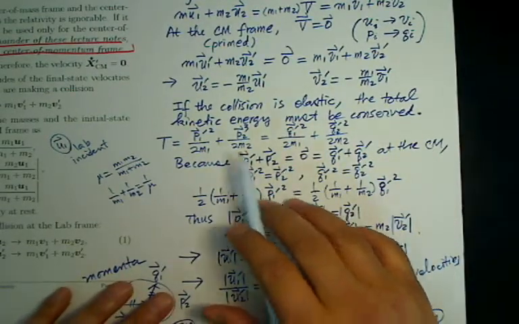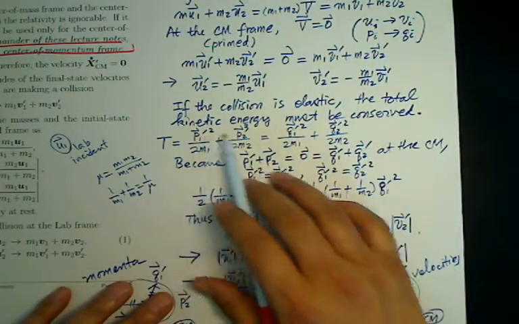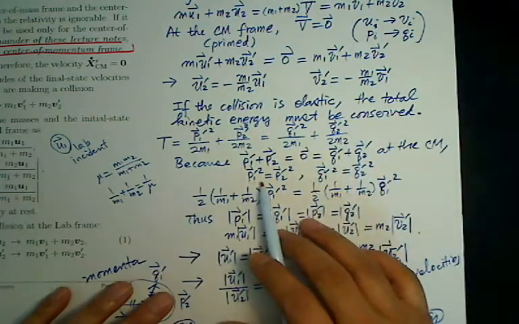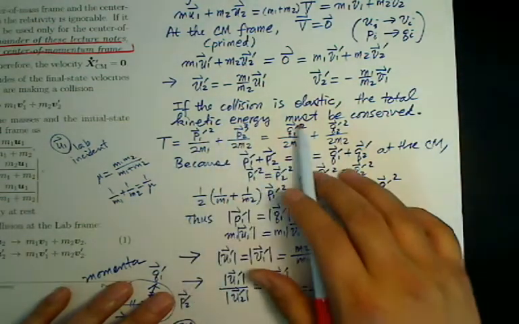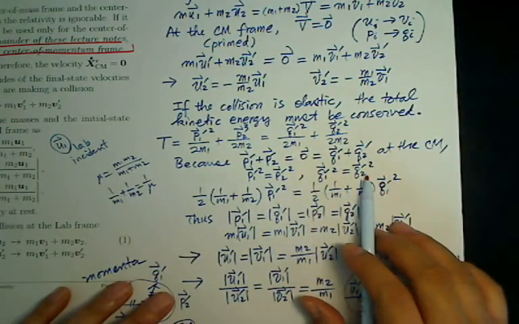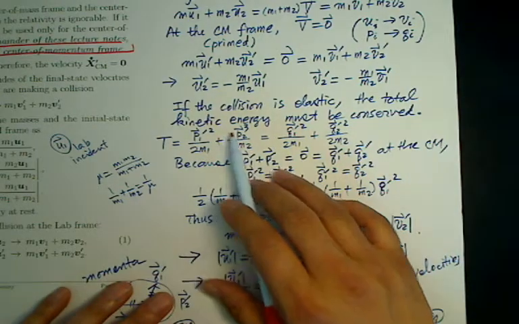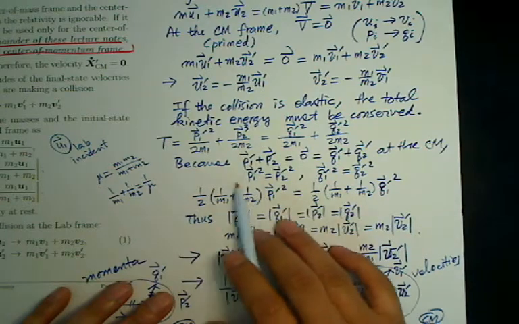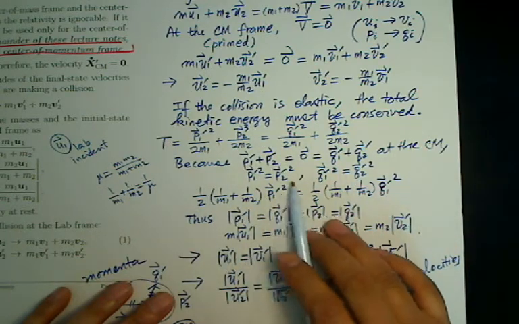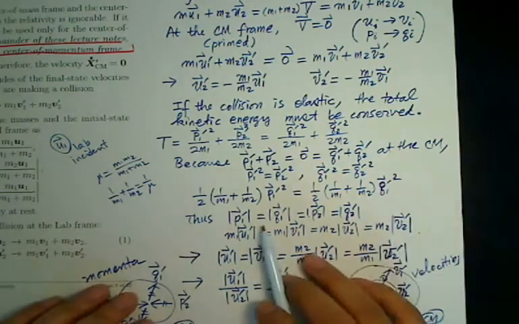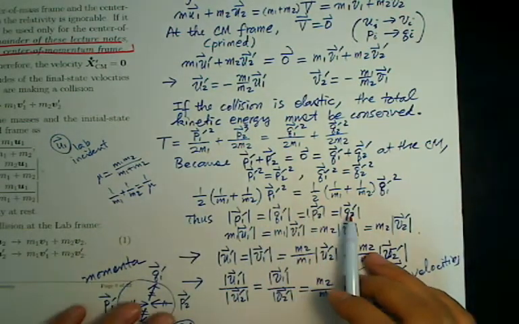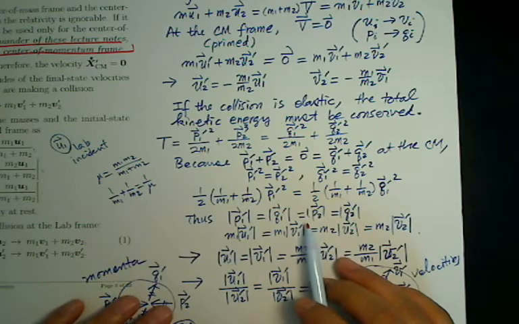Therefore, if I square these, everything must be the same. P1 prime squared, P2 prime squared, they are the same. Substitute this condition in here, we find that the same factor multiplies P1 prime and Q1 prime. Thus, all four momenta must have the same magnitude.